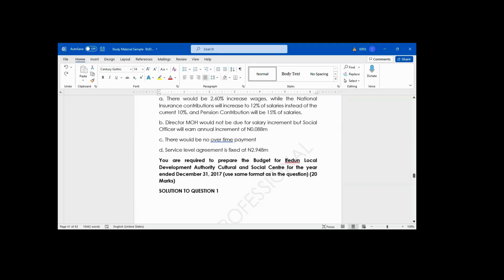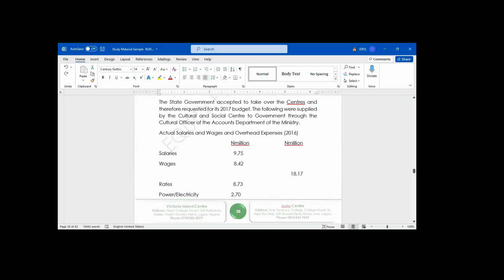Thank you very much. Now, we are asked to prepare budgets for 2017. We are given the 2016 budget, and we are asked to do the 2017 budget. We should use the same format. That means, look at the format of the 2016 budget.